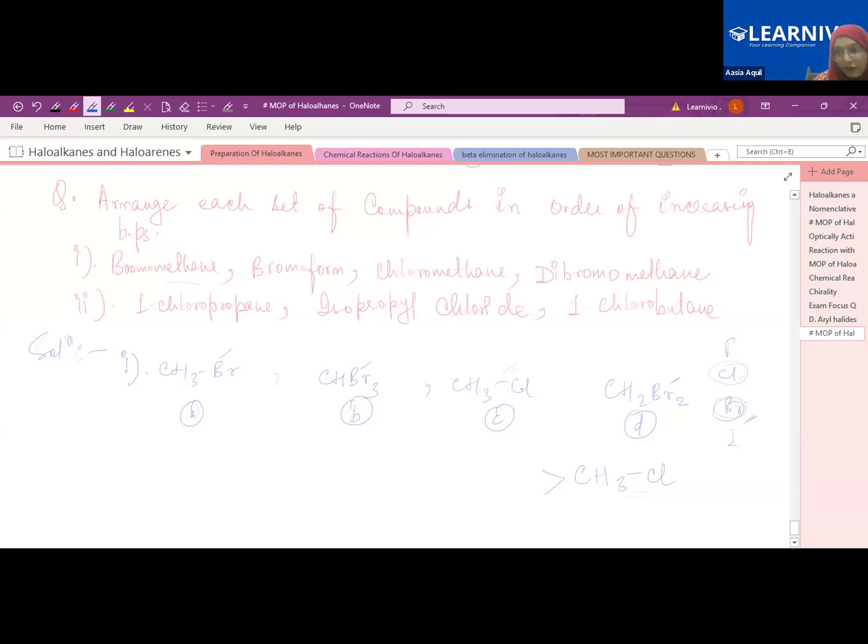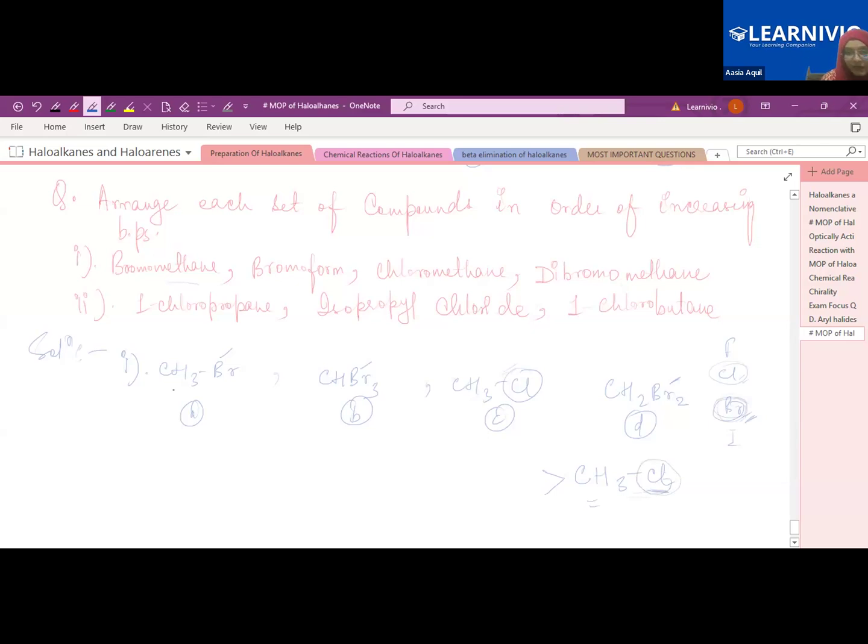But in this option, chlorine was the halogen atom. And between chlorine and bromine, which one has the higher molecular mass? Obviously bromine has a greater molecular mass as compared to chlorine. So that's why this has the least boiling point, because the molecular mass of chlorine is lower than that of bromine.